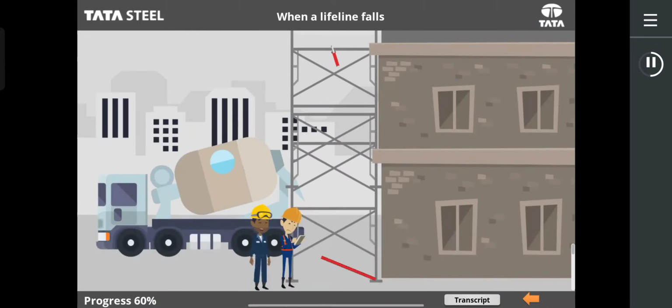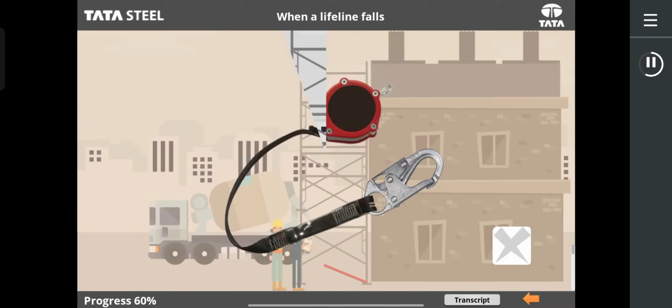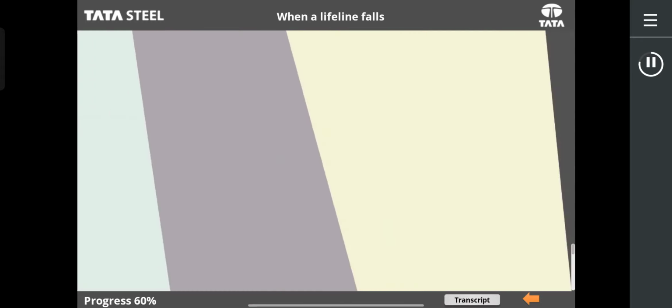After an investigation into the incident, it became known that he did not inspect the quality of the lifeline, which was faulty, nor did he consider the fact that it had already been used as a fall arrestor once. These are some important details that could make a difference between life and death.